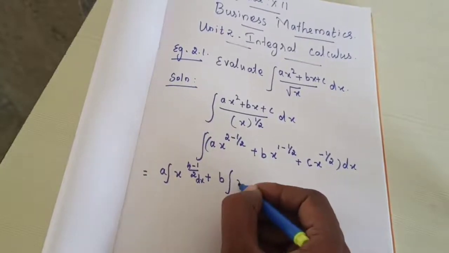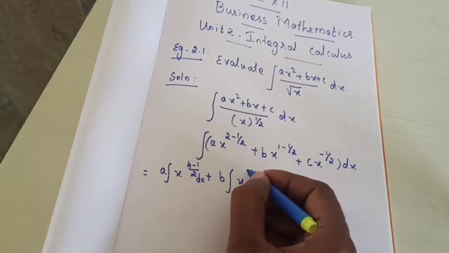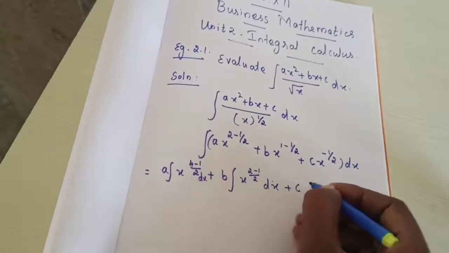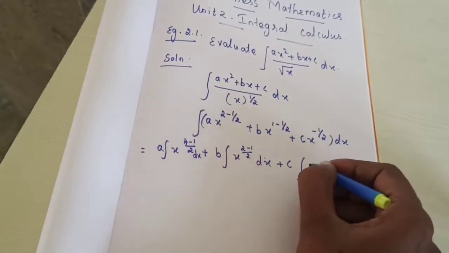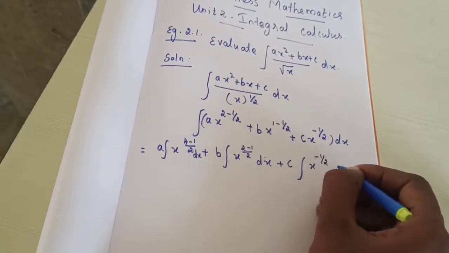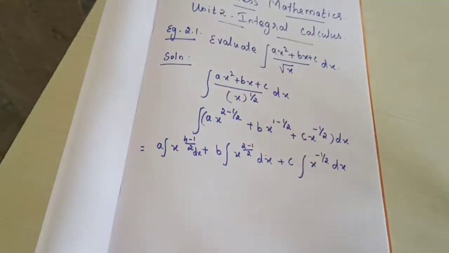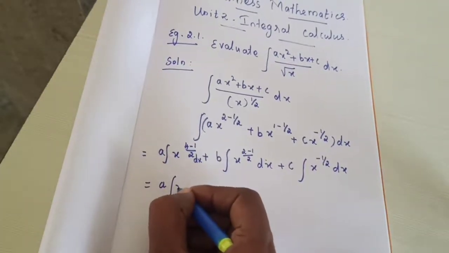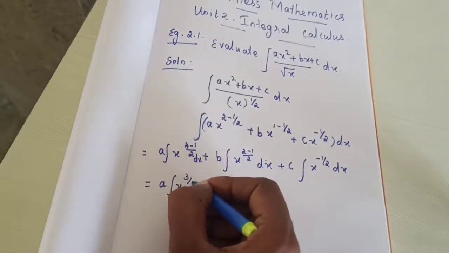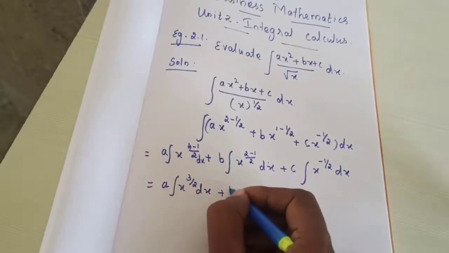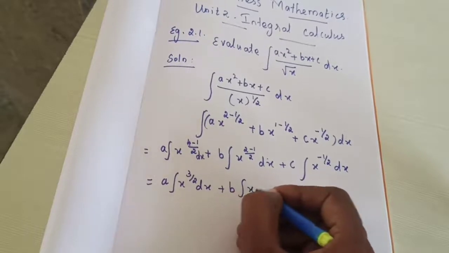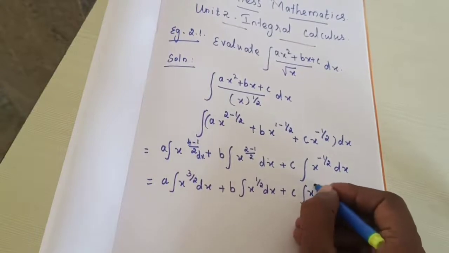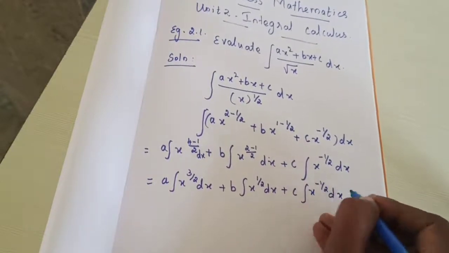So b into x power, 2 is the LCM, so 2 minus 1 by 2 dx, plus c into integral of x power minus 1 by 2 dx. Understand? So next, that is equal to a into x power 3 by 2 dx plus b into x power 1 by 2 dx plus c into x power minus 1 by 2 dx.